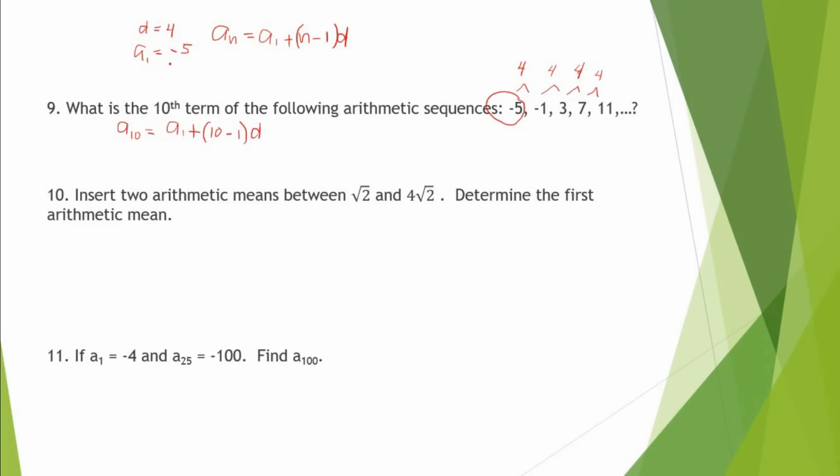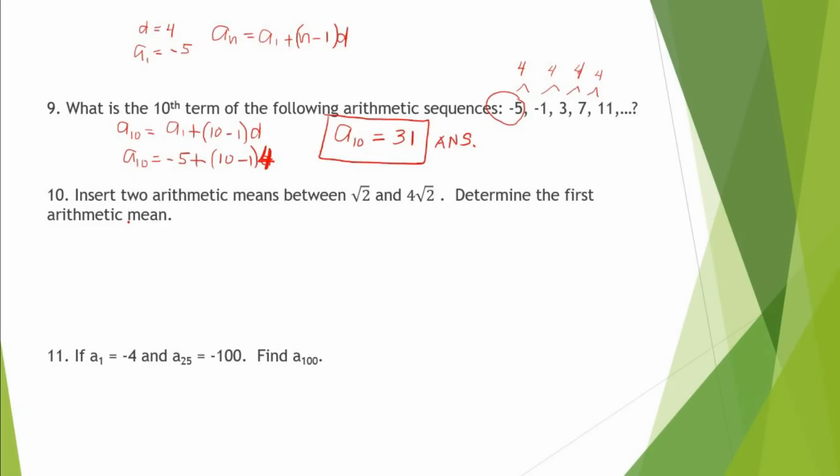Since we already have values for our a1, we have our a10 is equals to negative 5 plus 10 minus 1 times d, the common difference is 4. Then simplifying this further, the 10th term is equals to 31. This is our answer.